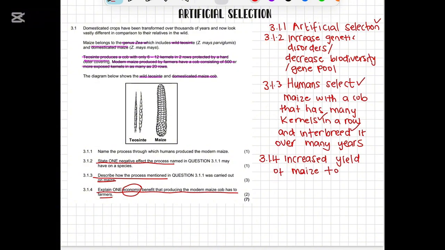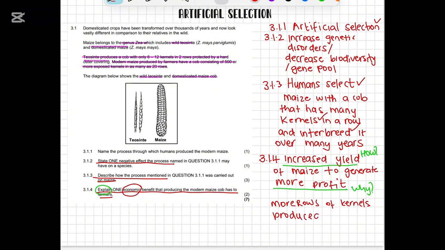What you need to ensure is that your answer covers both parts, because explain is a 2-mark question. You need to give us a how and the why. So increase in yield will be our how and more profit will be the why. Or you could say that more rows of kernels would be sold at a higher price.